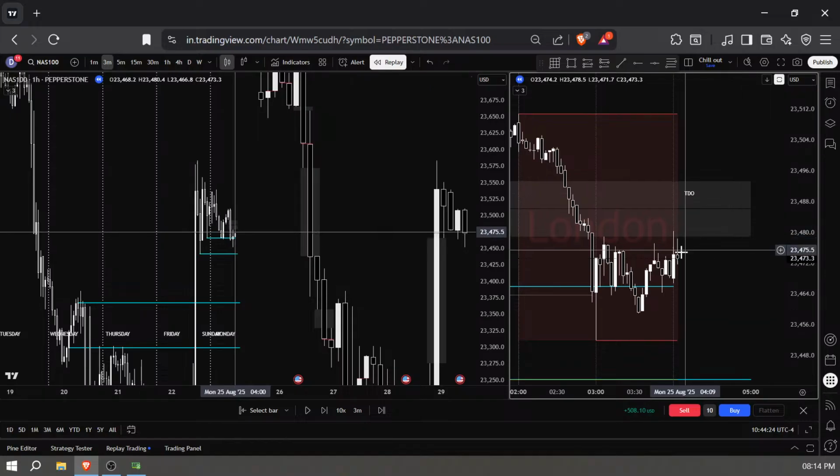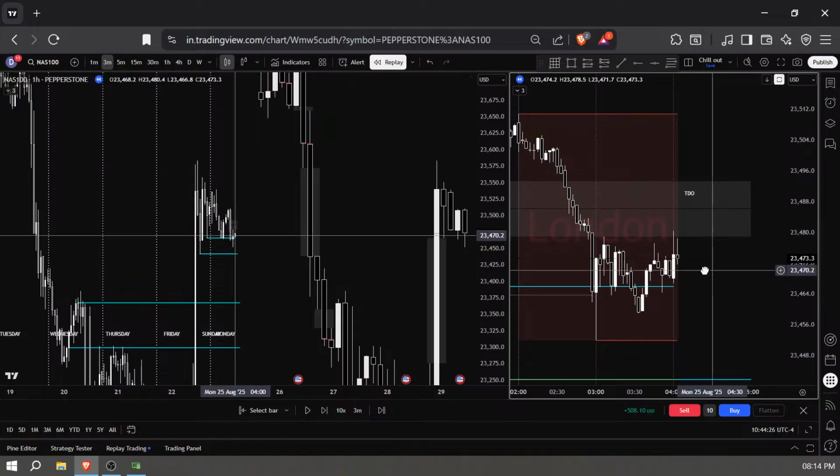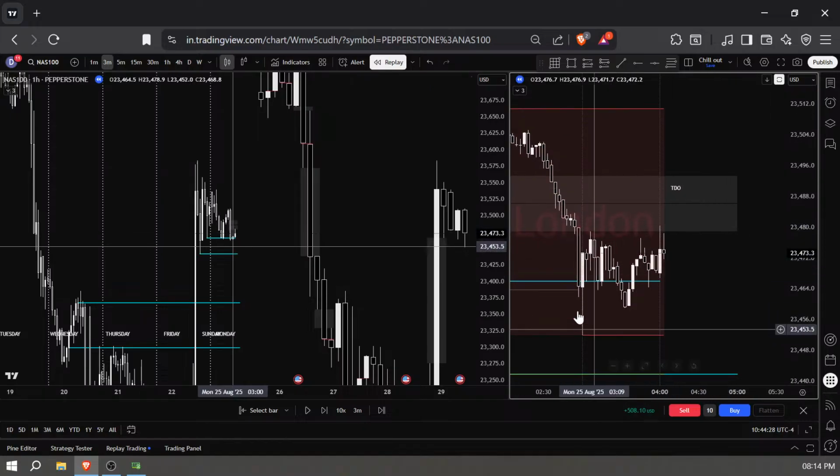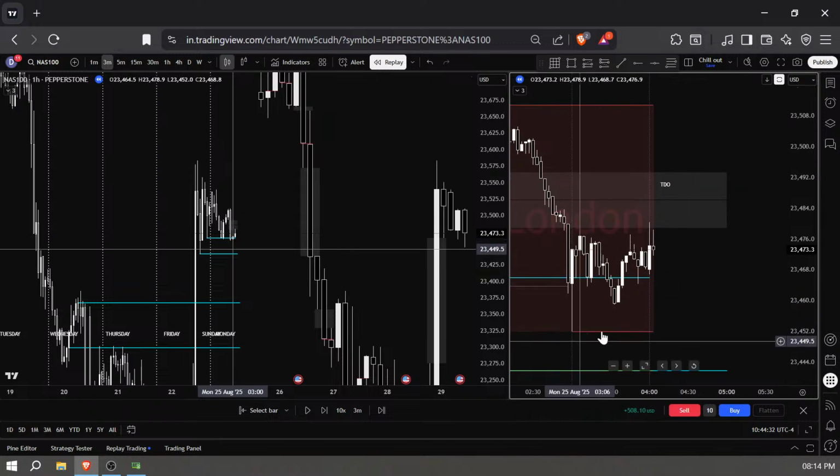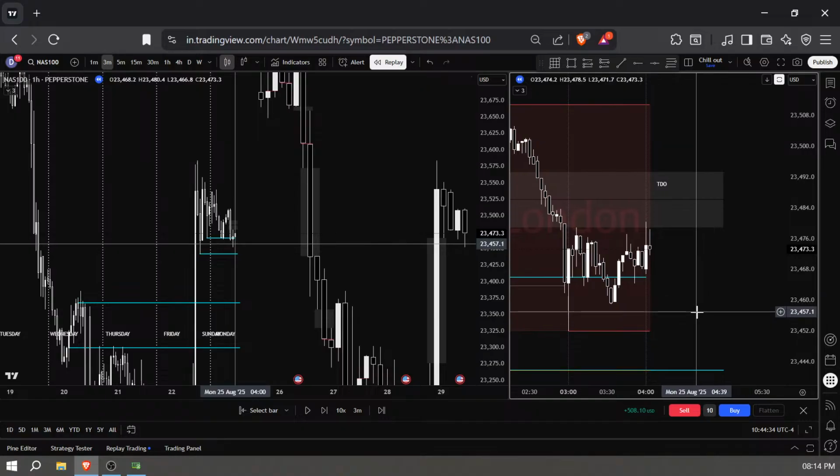I want to see a good close inside this area. So probably I'm thinking this should be like a day low, London low. So let's see. No, we are still consolidating.